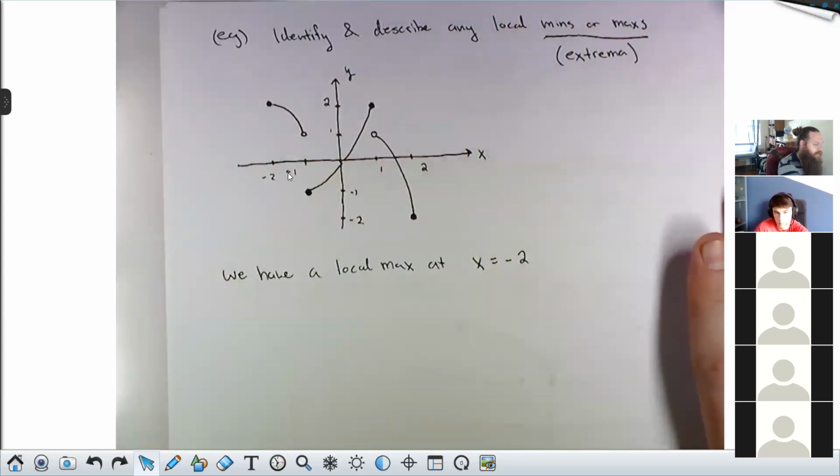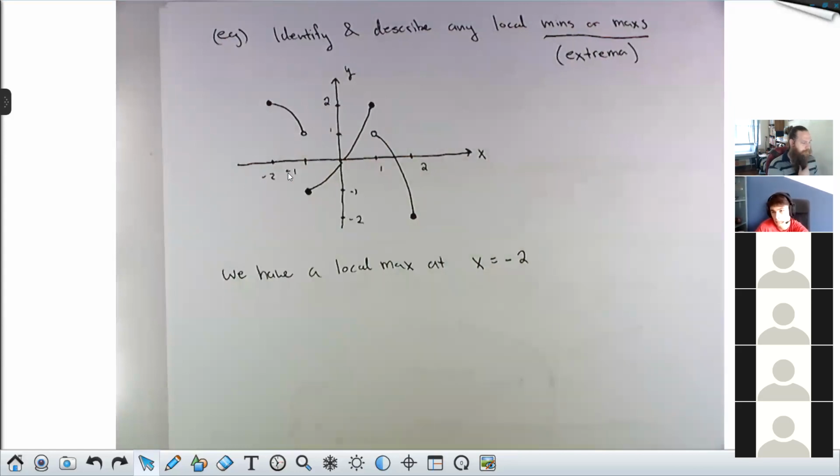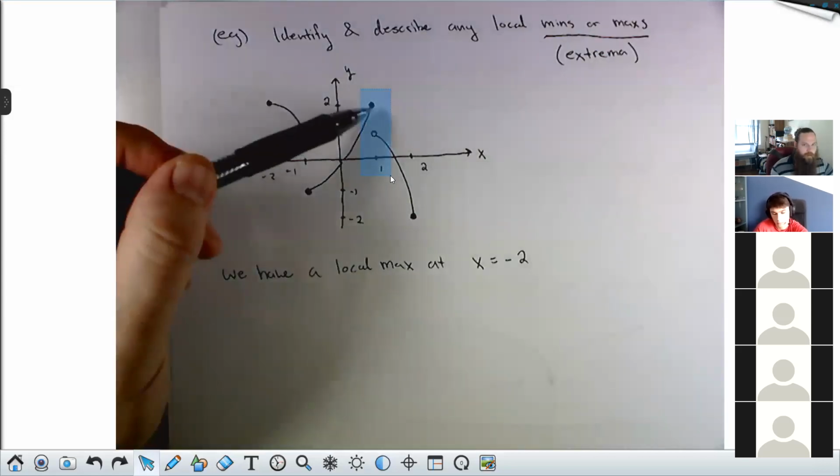Where else do I have a local max? 1? Yeah, very good. 1 is correct. If I draw a little window around x equals 1, the tallest the graph ever gets is right here.